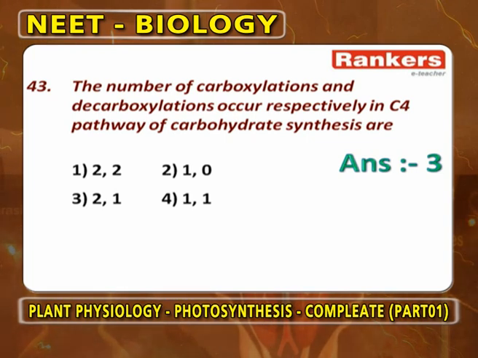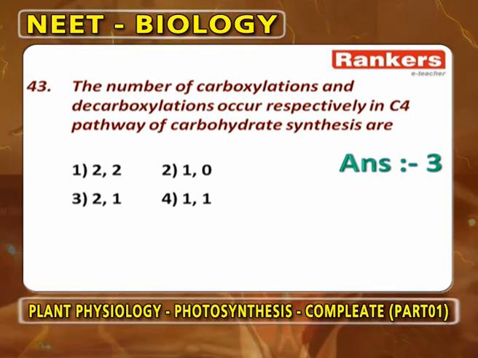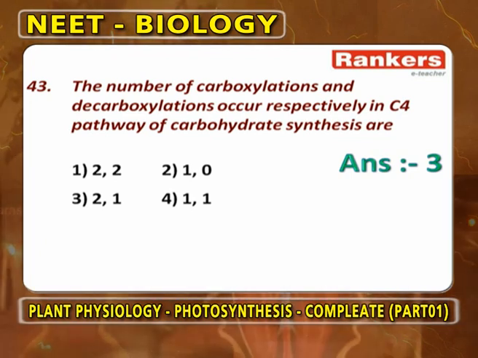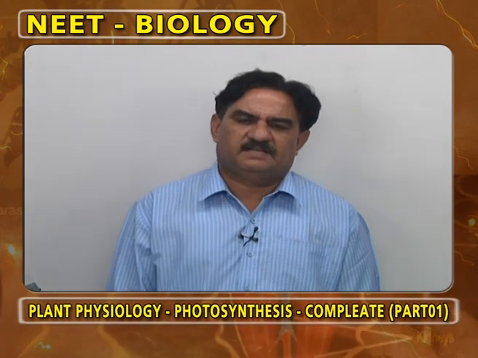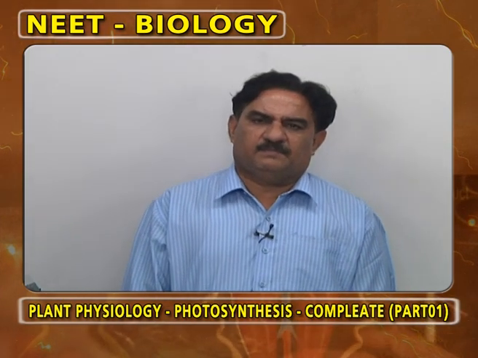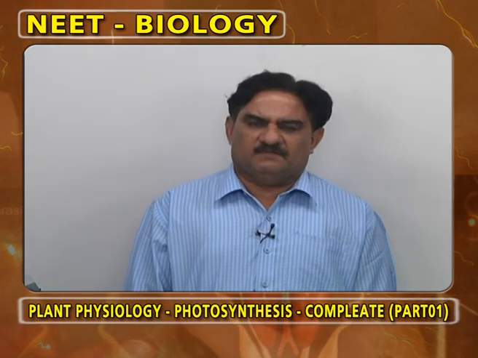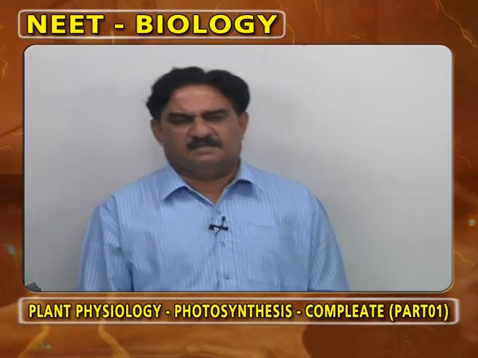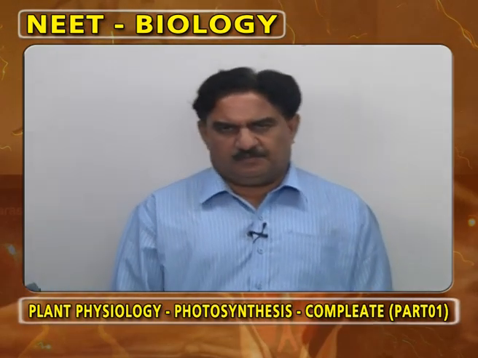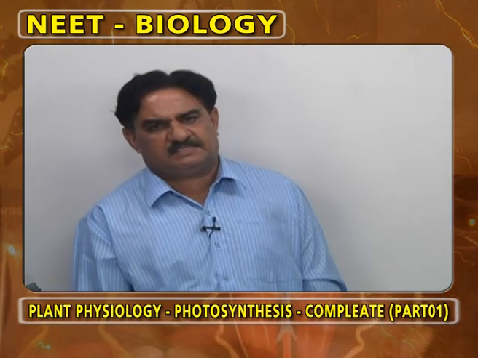The number of carboxylations and decarboxylations occurring respectively in the C4 pathway of carbohydrate synthesis. In the C4 pathway, carboxylations are 2: one in the mesophyll cells, where phosphoenol pyruvic acid is carboxylated to form oxaloacetic acid, and the other in the bundle sheath cells, where RuBP takes the carbon dioxide liberated from malic acid and performs the C3 cycle.